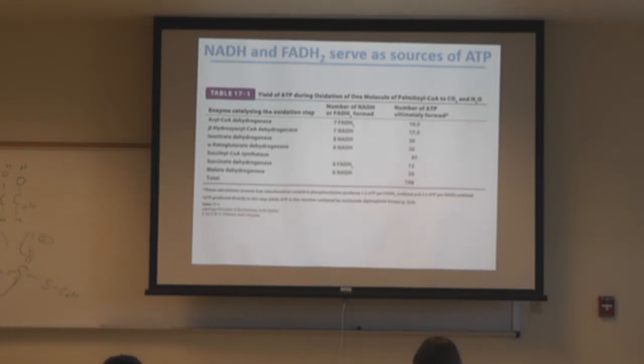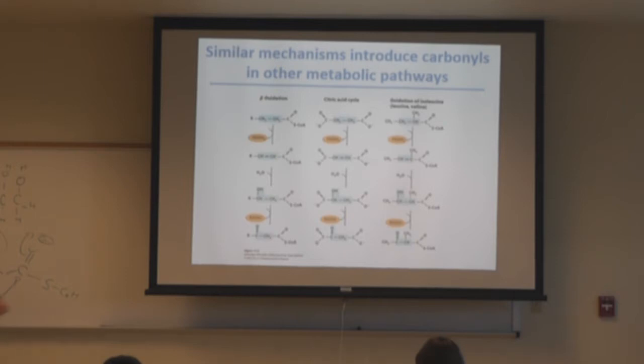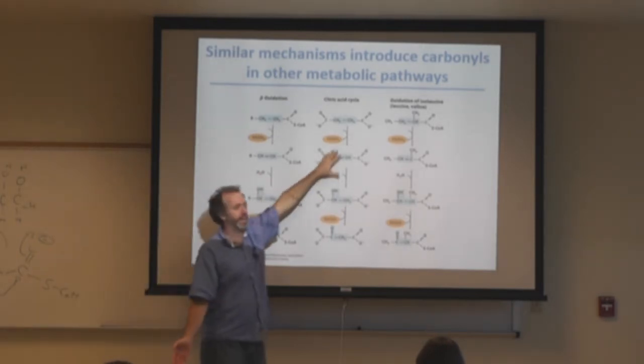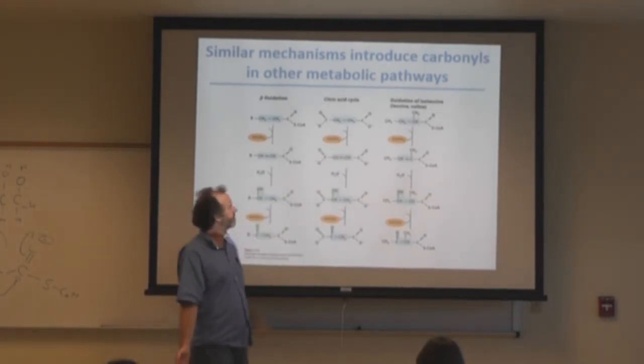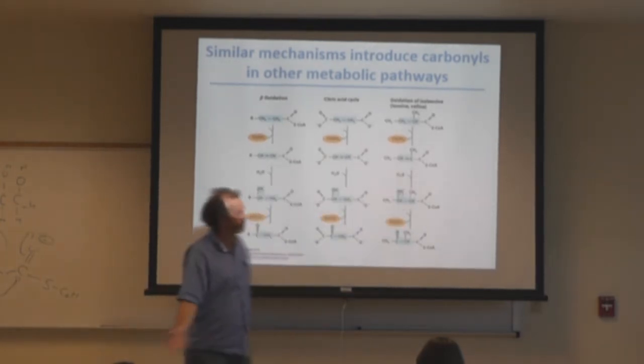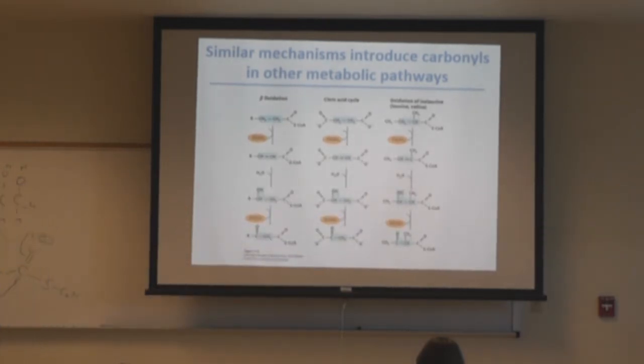So that's not this step. So the mechanisms of beta oxidation are similar to mechanisms in other metabolic pathways, and we already talked about the citric acid cycle, that's similar. And then it's also similar with the oxidation of isoleucine, leucine and valine.